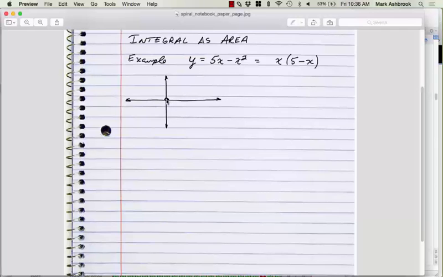And if x equals 5, what would y be? 0, right? So those are your roots, 0 and 5. And it's going to open downward, so we're ready to make a sketch.